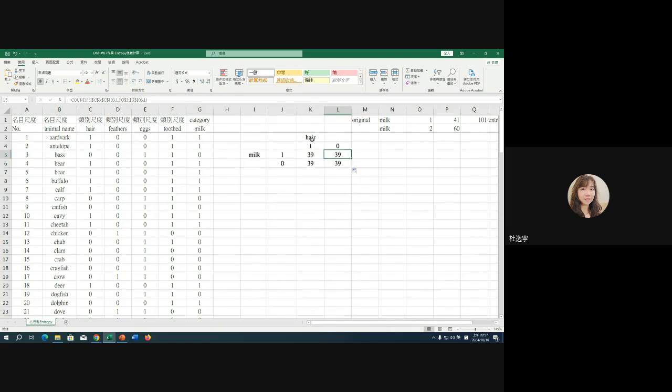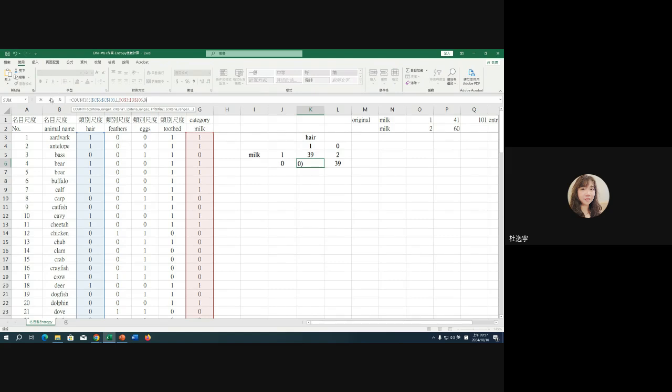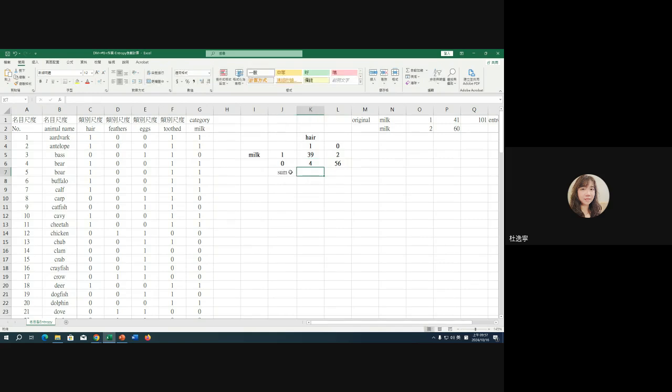This one is hair 0 milk 1, because the first column is hair. Hair 0. And this one is hair 1 and milk 0 here. And this case is 4, and 0, and 0. So we will check. At this part, we just like understand what you did last week, right?